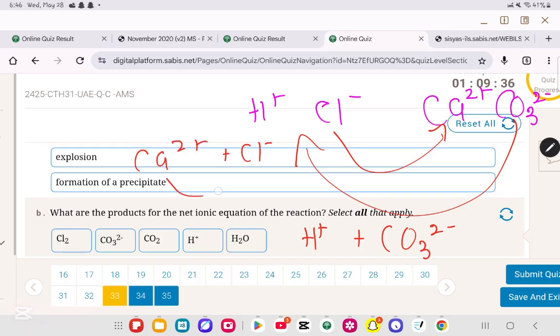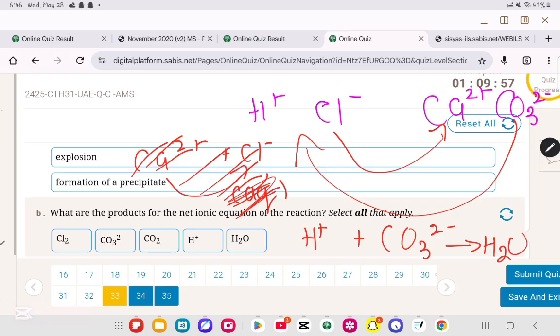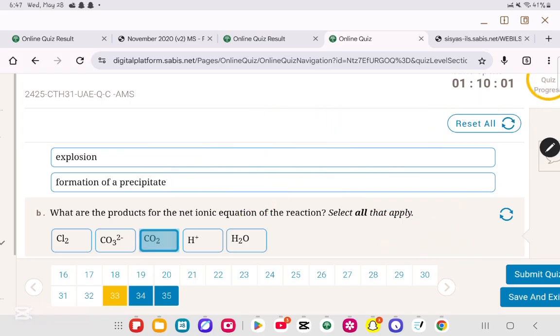Now they will form what? We do not need anything aqueous, we need the true product. So as long as it's not aqueous, then it's considered a product. So what will form? Here, when hydrogen reacts with CO3, it will form water, H2O, plus carbon dioxide.